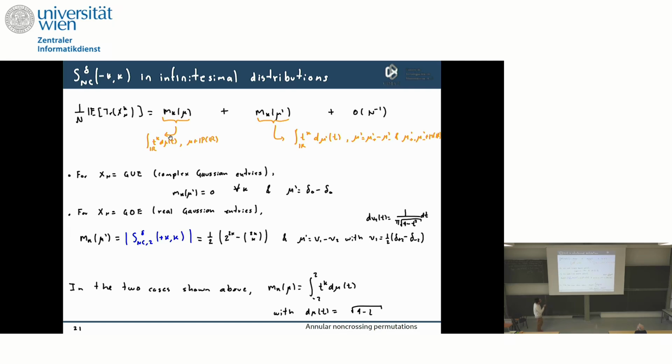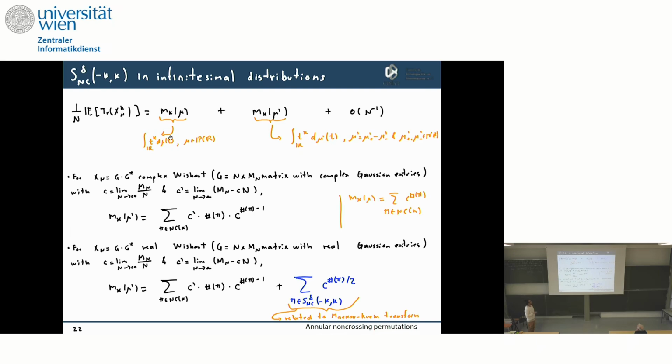But if I instead take the real Gaussian, then the infinitesimal moments are counted by these annular non-crossing pairings, these symmetric ones, and there is actually an explicit expression. This is work by Jamie. In the two cases shown above, the eigenvalue distribution is just the semicircle. I think here I'm missing 1/2 pi.